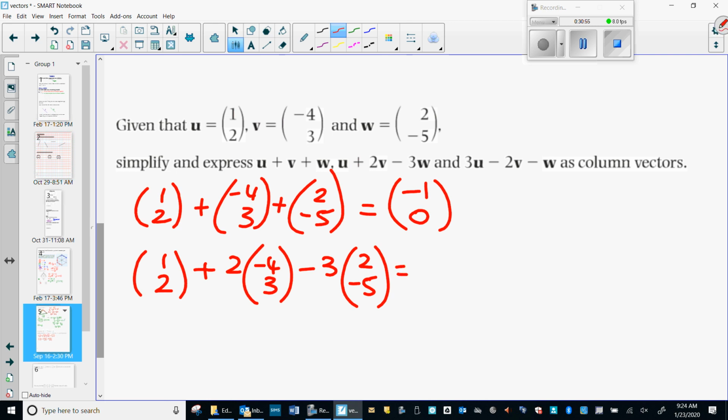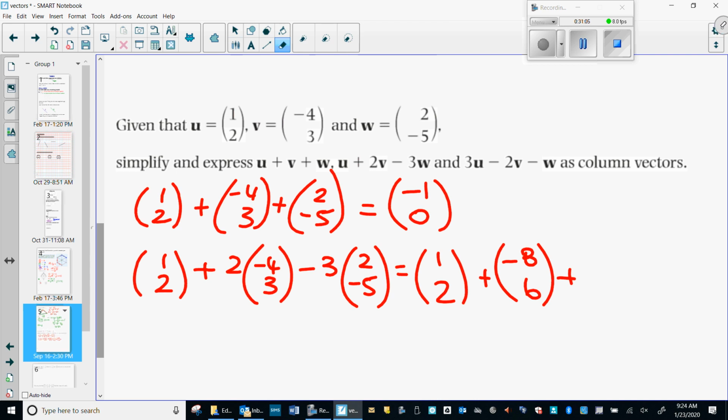Okay, so let's simplify it first. So it's (1, 2) plus (-8, 6), minus 3 times w. 2 times (1, 2) and 2 times (2, 4). That's a 15, by the way. I know it doesn't look like it.